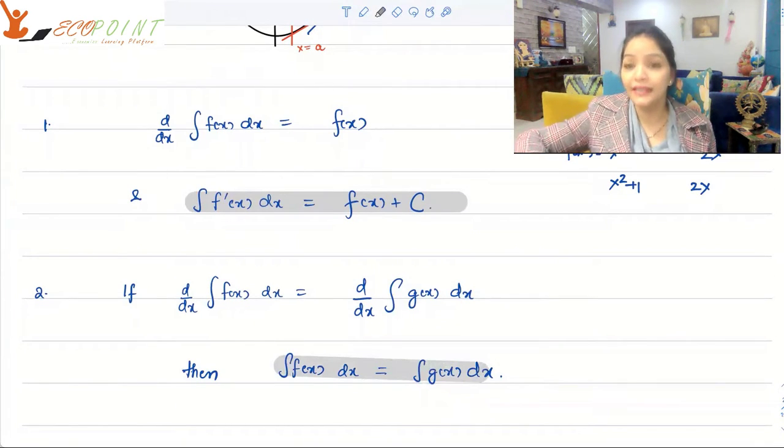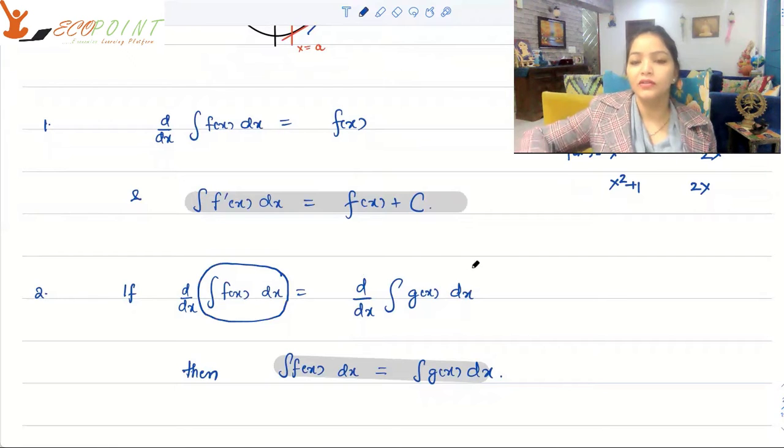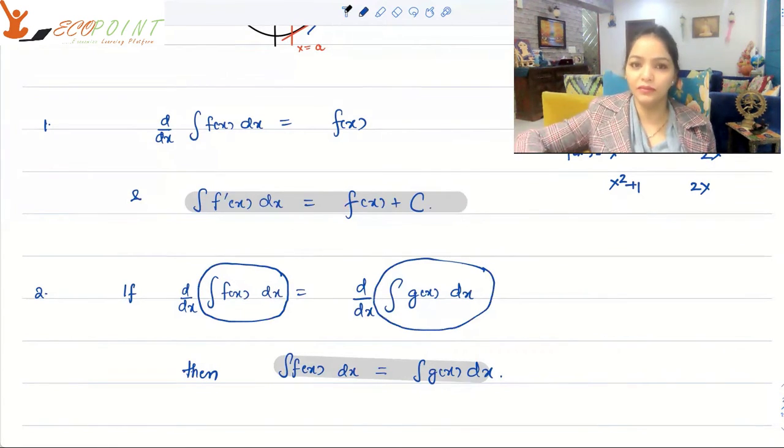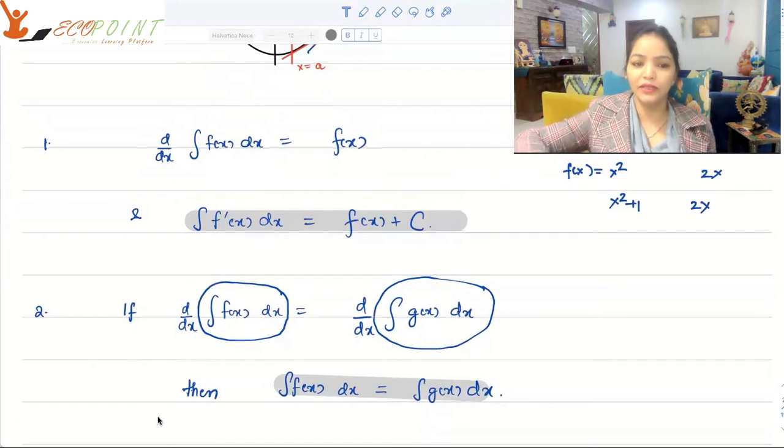We're looking at derivatives of integrals. So if the derivatives are equal, then these functions are equal. So integral f(x) will be equal to integral g(x) here.